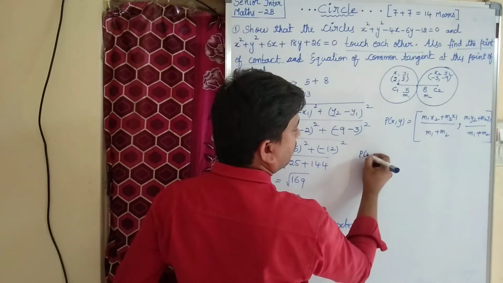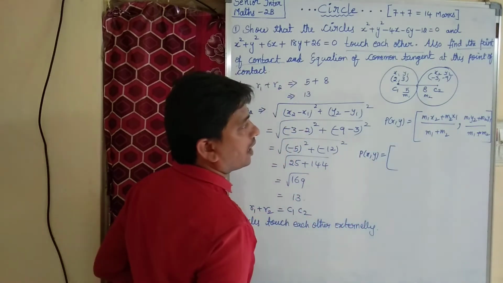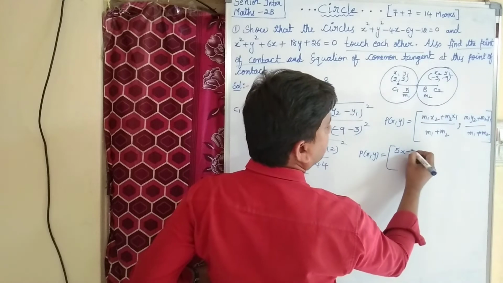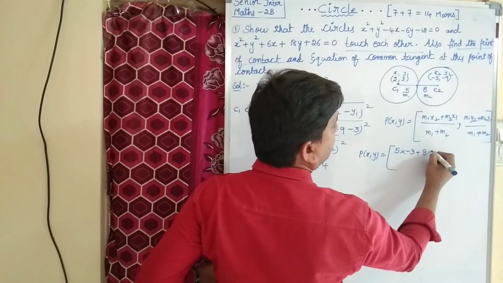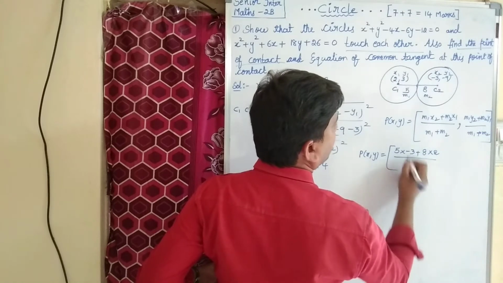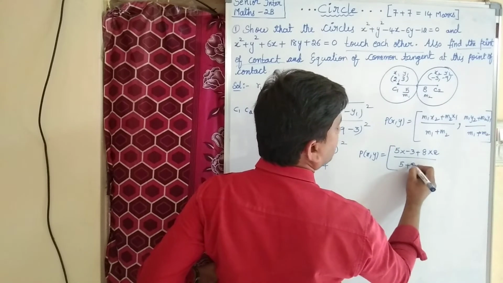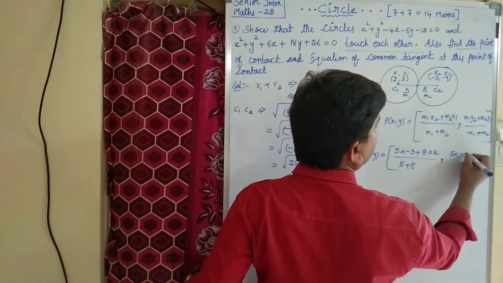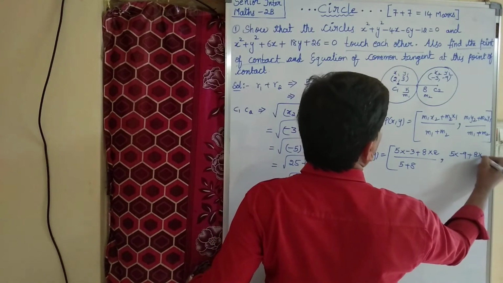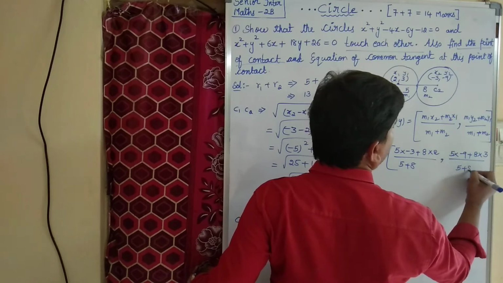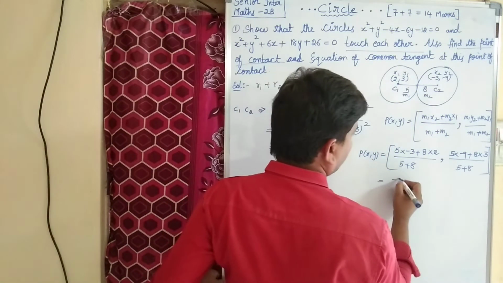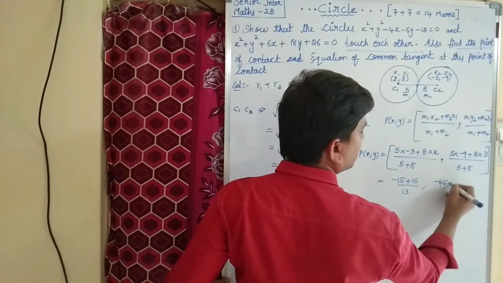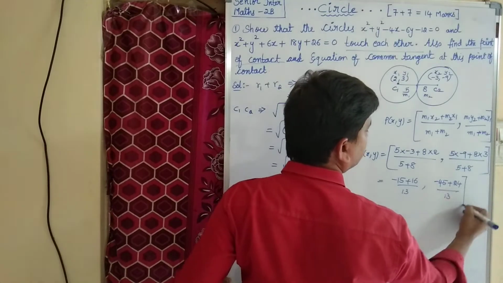Okay, let us find now the point of contact. P of x comma y equal to, as m1 value is 5, m1 is 5, x2 value -3 plus m2 value 8 into x1 value 2 divided by m1 plus m2, I mean 5 plus 8, comma m1 value 5 into y2 value -9 plus m2 value 8 into y1 value 3 by m1 plus m2, I mean 5 plus 8. 5 3s are 15, 8 2s are 16 by 13. 5 9s are 45 plus 8 3s are 24 by 13.